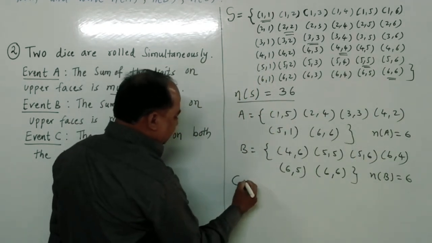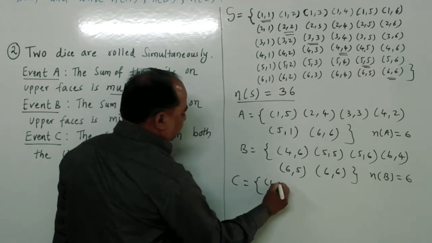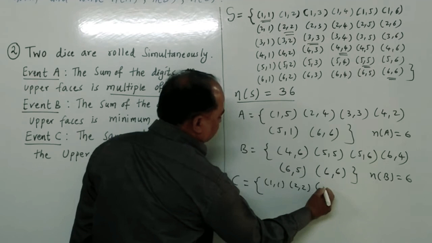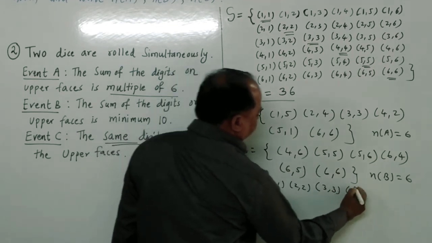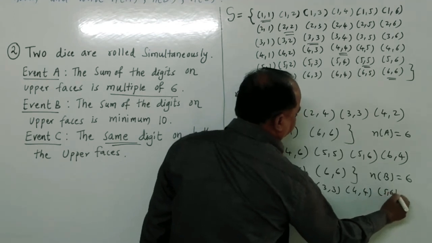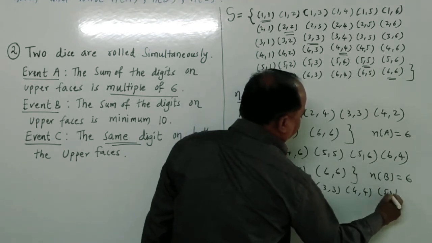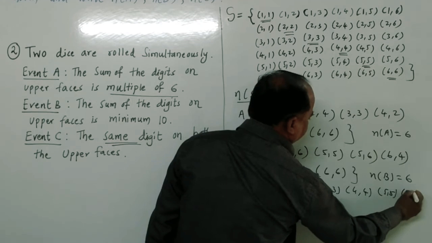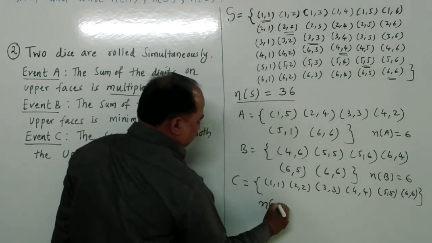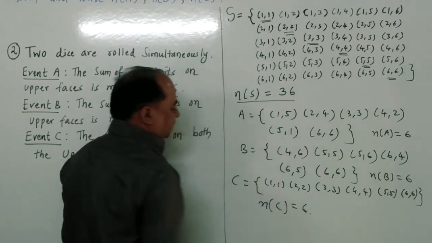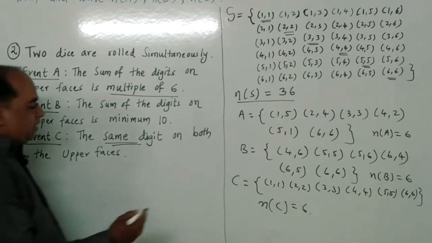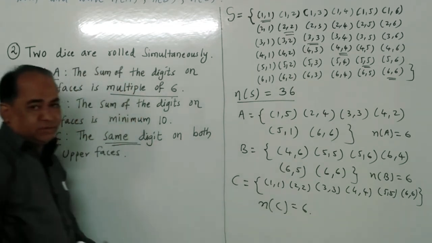So C is equal to {(1,1), (2,2), (3,3), (4,4), (5,5), (6,6)}. So in all there are 6 elements in event C.